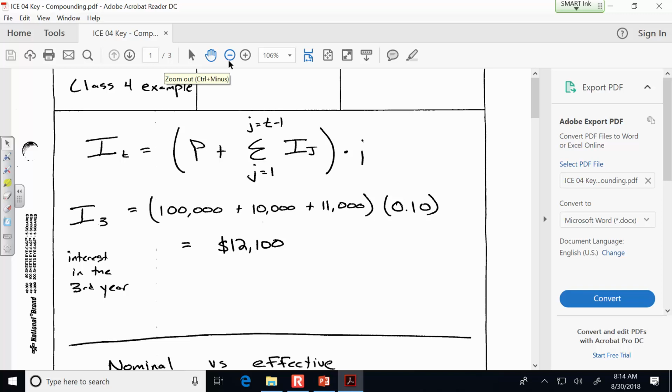Okay, so now you've seen that formula at work for how to calculate the interest amount in a given year when compounding applies. Any questions about this? Exactly. Just a given year, how much interest is due for that year. Of course, it takes into account the principal and all the previous years' interest before that year.